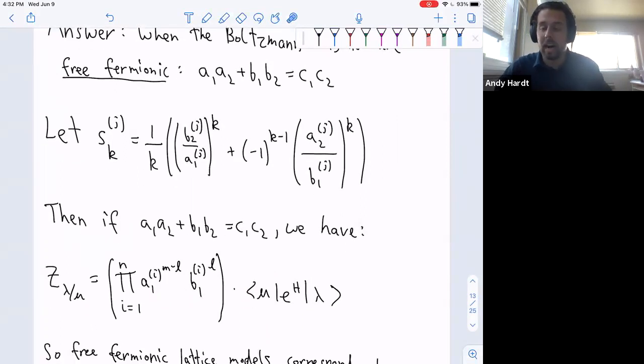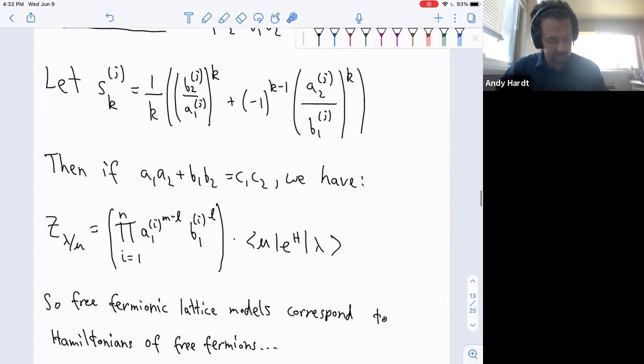I am interested by this because it seems almost too nice to be true, because what we've shown then is that free fermionic lattice models correspond to Hamiltonians of free fermions. I've been looking a while for a source for this, if it's been known perhaps for a long time.